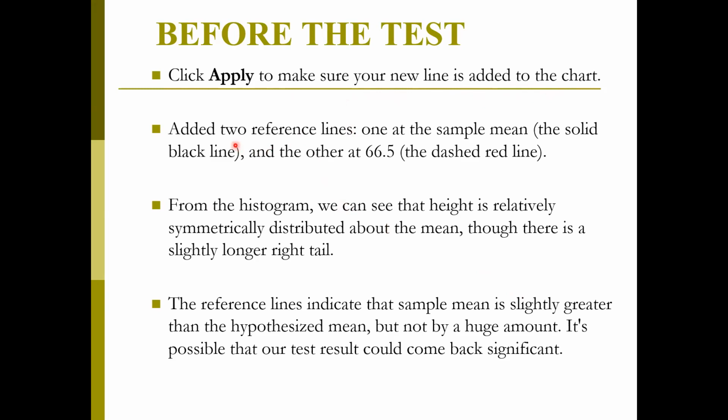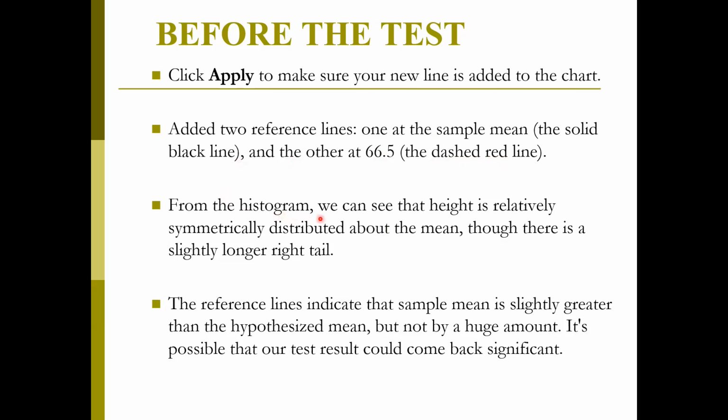When we add the two reference lines, one at the sample mean, what you notice is the solid black line, and the other at the 66.5 will be a dashed red line. This will be demonstrated in the next video using SPSS.